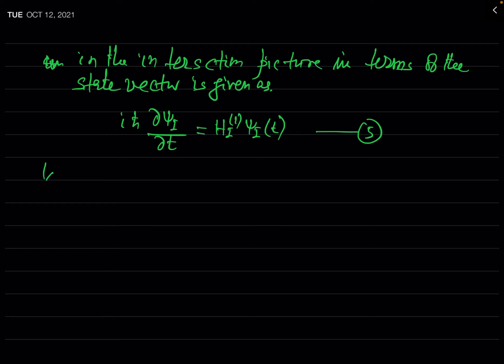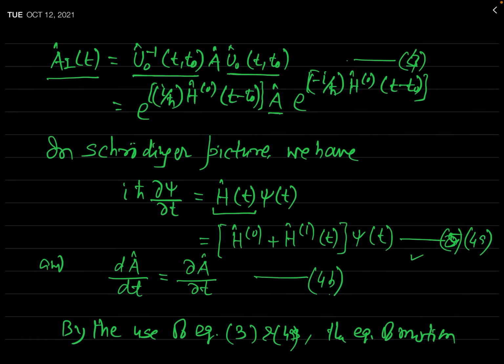Actually here, this operator H_I hat of 1 is defined on the basis of this definition. As you can see, A_I hat has been defined like this in equation 4.